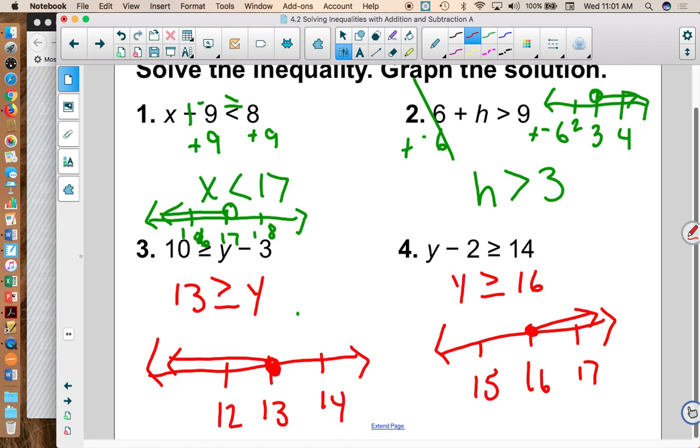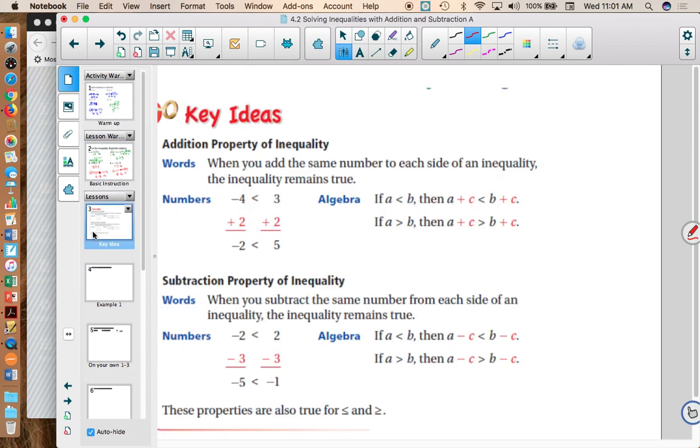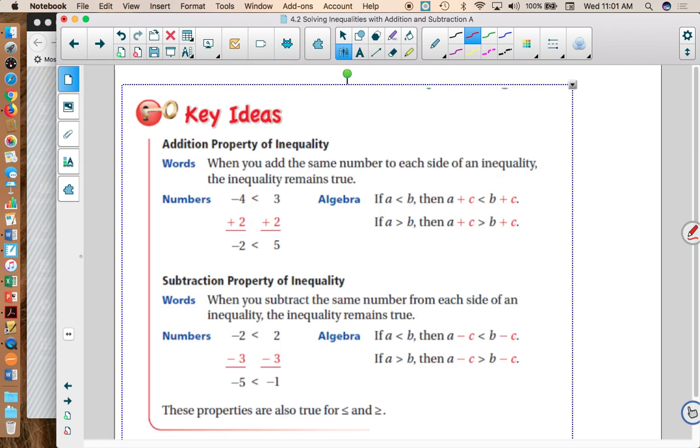We're going to shut the mouths down because we're starting to have that all-around chit-chat. Okay, just a little bit of why this works. We had the addition property of equality, meaning you added the same thing to both sides. We also have the addition property of inequality, which is the same thing. You have to maintain that balance.